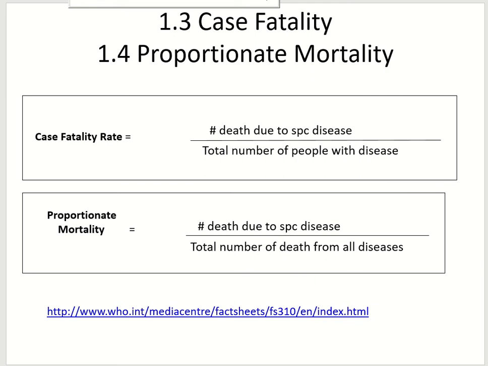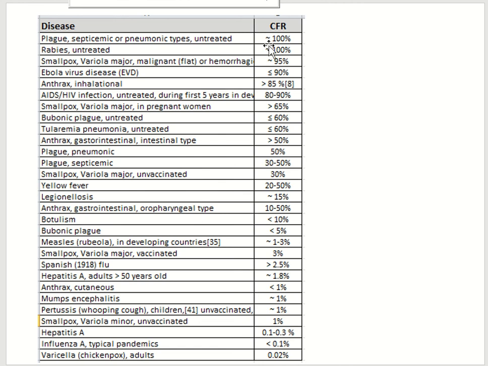Okay, so here's an example of case fatality. Over here you have a list of diseases from very, very high case fatality, something like plague, rabies, smallpox. They used to kill almost everybody that got the disease. And you go down all the way to, for example, influenza, where less than 1 per 1,000 die from influenza.